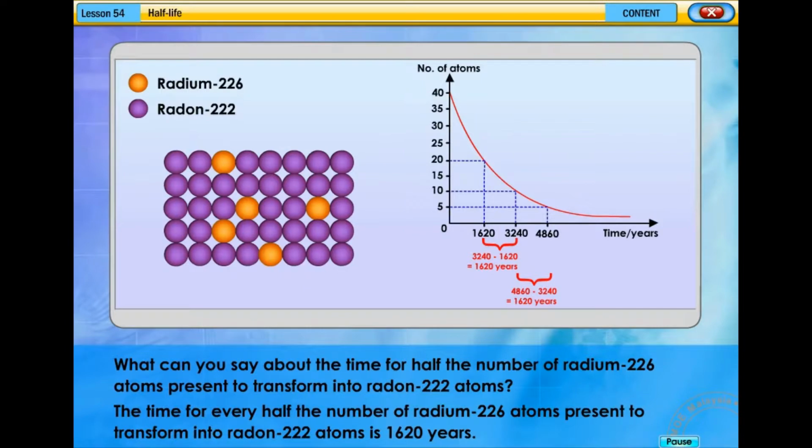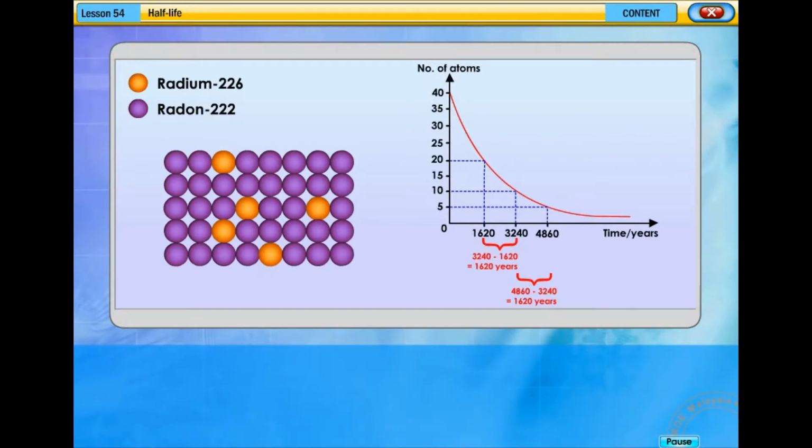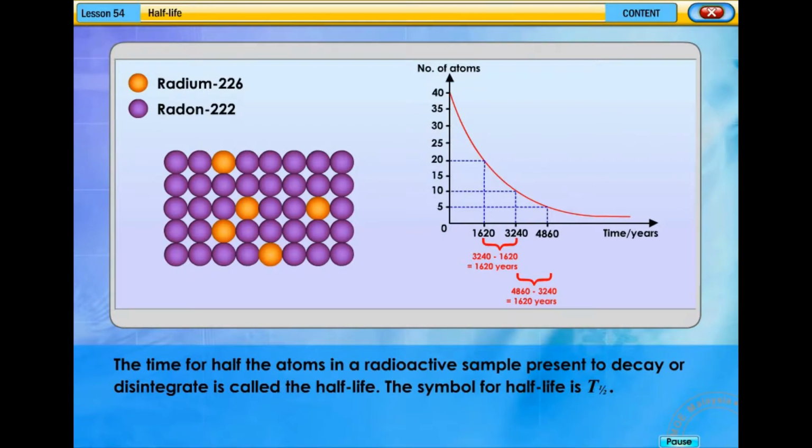The time for every half the number of radium-226 atoms present to transform into radon-222 atoms is 1,620 years. The time for half the atoms in a radioactive sample present to decay or disintegrate is called the half-life. The symbol for half-life is T-half.